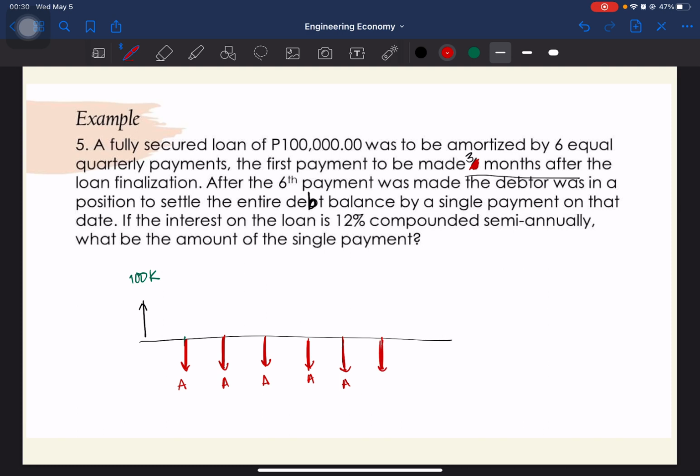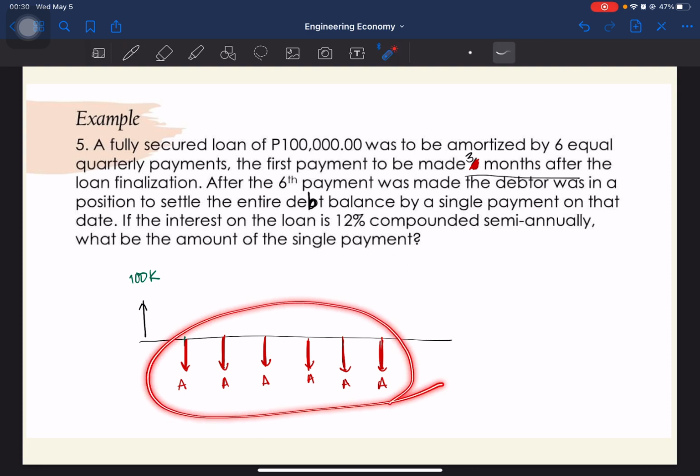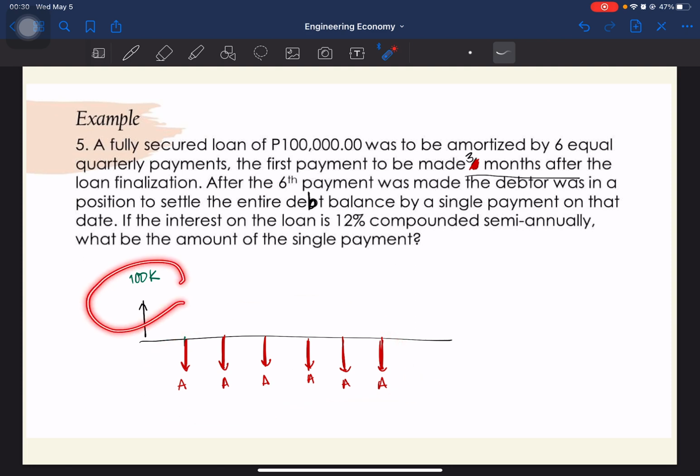6 quarterly payments. Tapos sabi, after the 6th payment, magbibigay siya ng single payment. Ibig sabihin, itong 6 equal payments na to, hindi pa niya nabayaran lahat yung 100k diyan. Okay? Kasama yung interest.